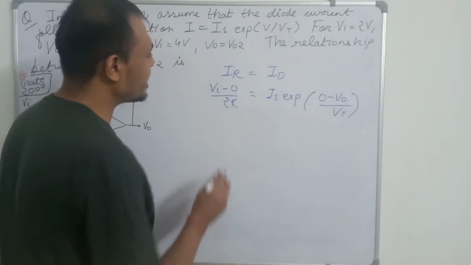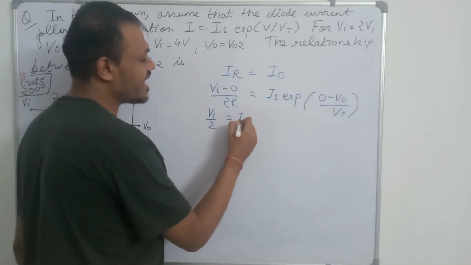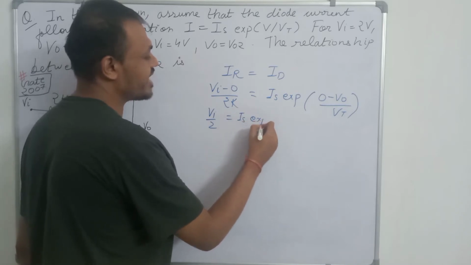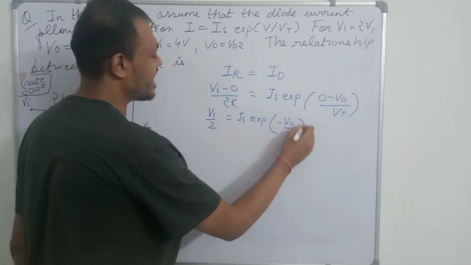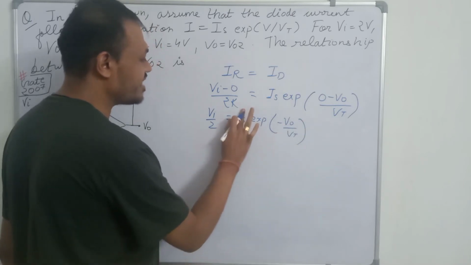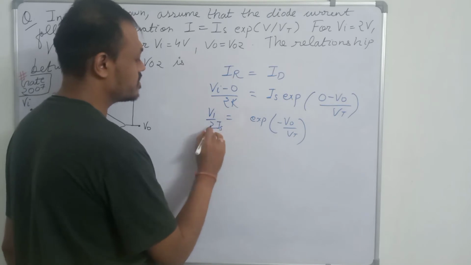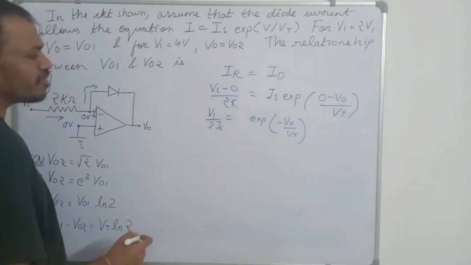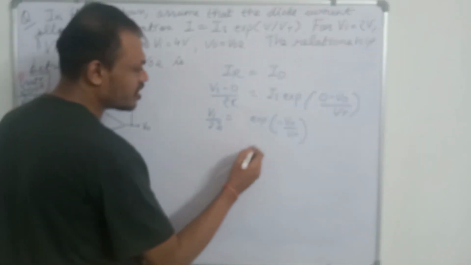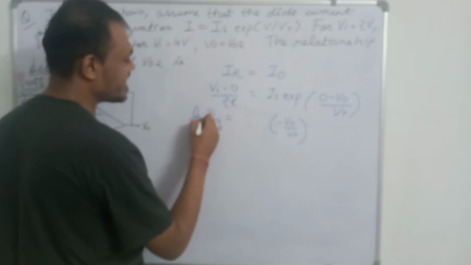Now we can take Vi upon 2 equal to Is exponential of minus V0 upon Vt. Divided by Is, Vi upon 2 Is equal to exponential of minus V0 upon Vt. So minus V0 upon Vt will be equal to ln of Vi upon 2 Is.